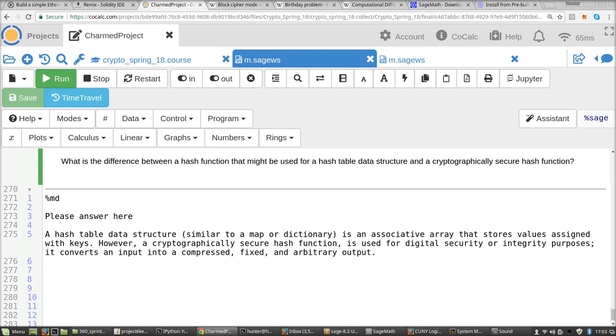So you might have a function that's very good at being a hash table hash function, so it's fast and it produces a wide spread of hash images. Collisions are infrequent. But it might also be the case that for that function it's very easy to find pre-images. So that would not be acceptable for a cryptographically secure hash function.